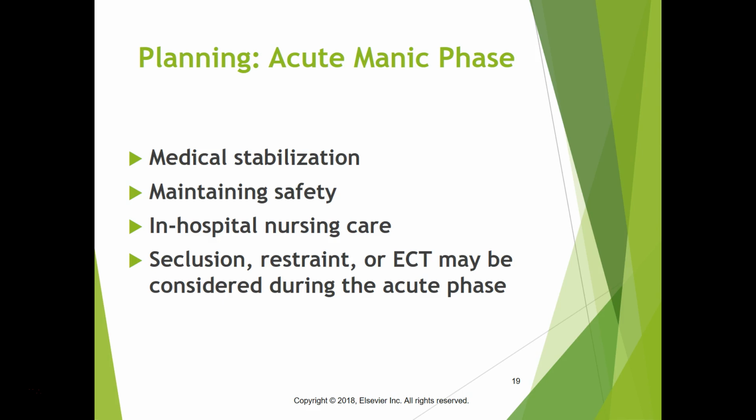Firm, brief communication. You certainly don't ever want to be talking and using a lot of words and loud language with somebody who is manic. We really want to calm ourselves down and use as few words as possible to get things across. So, just go through and read that.